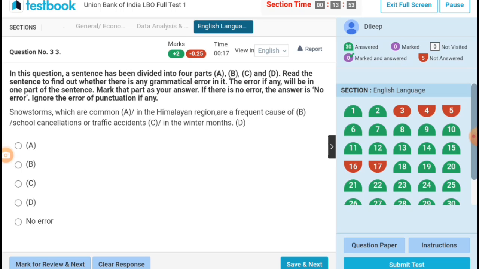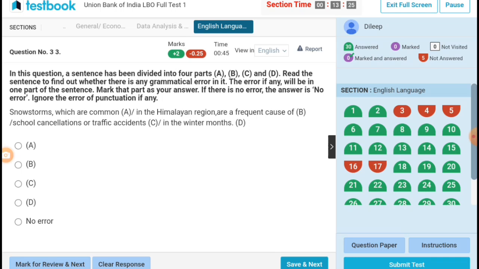Snowstorms, which are common in the Himalayan region, are a frequent cause of school cancellations or traffic accidents in the winter months. I think commonly.